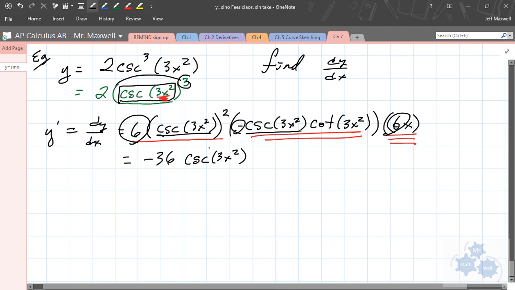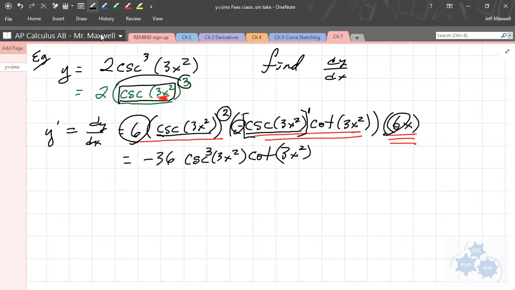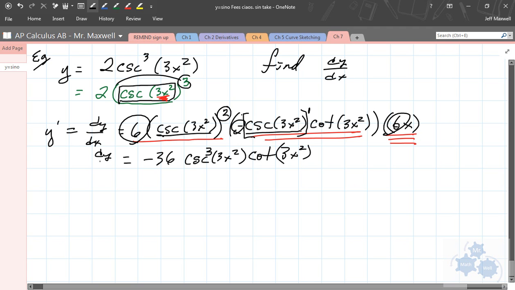Where would we put that 3? Right here, cosecant cubed. Just add exponents, same base, add exponents. And then we've got this lonely cotan 3x squared, so we'll just write that cotan of 3x squared. And there is your answer, dy dx, right there.